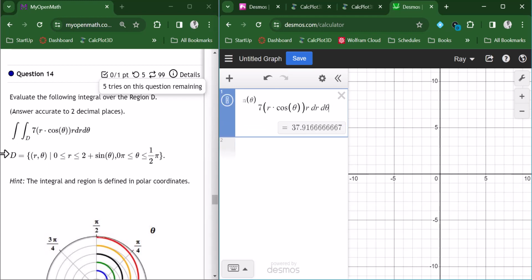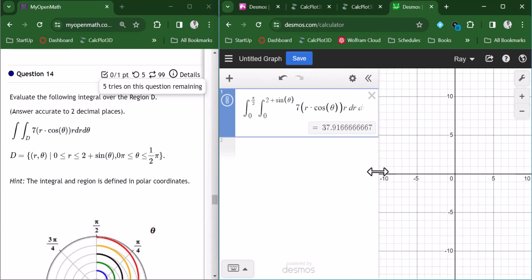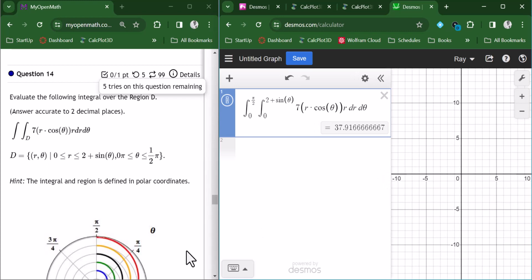All right, so this is our value. Again, this should be manageable doing the integral by hand. I don't think there are any fancy integrating tricks to do this, but if you're used to just getting stuff from the calculator, that should be good.